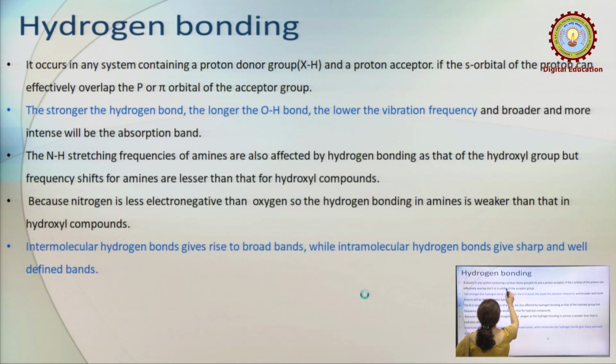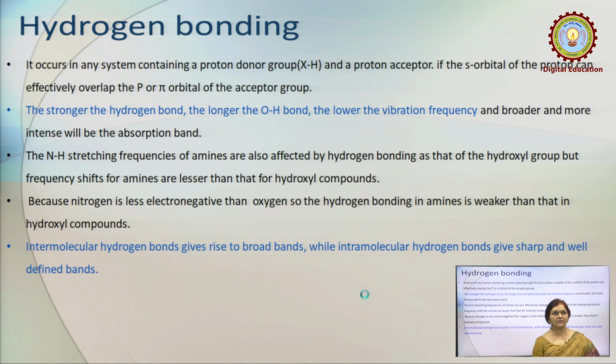Hydrogen bonding occurs in a system containing a proton donor group and a proton acceptor group. If the s orbital of the proton can effectively overlap the p or pi orbital of the acceptor group, the stronger the hydrogen bond, the longer the OH bond and the lower the vibrational frequency.